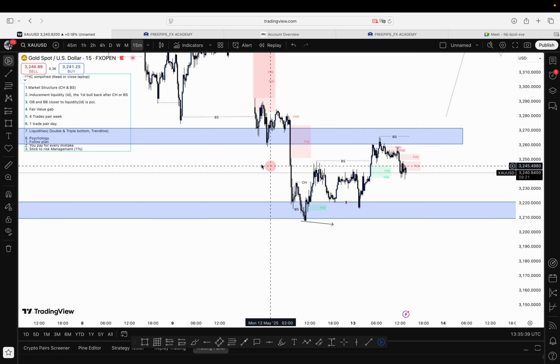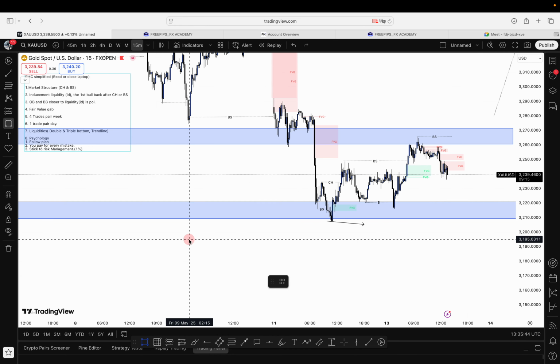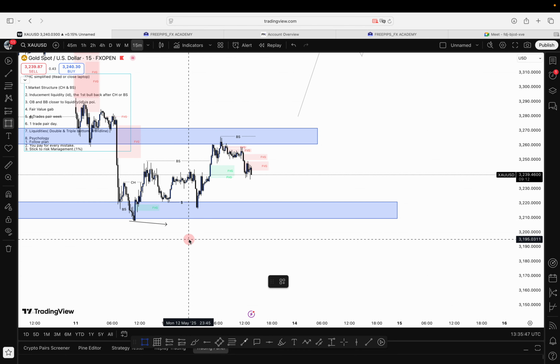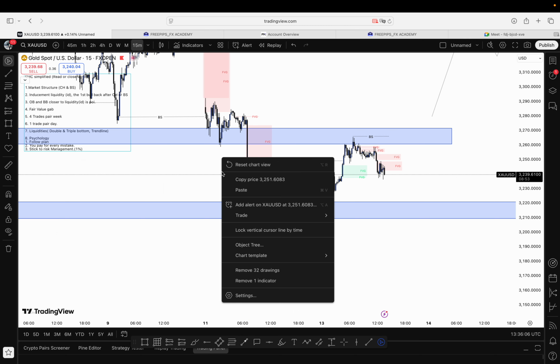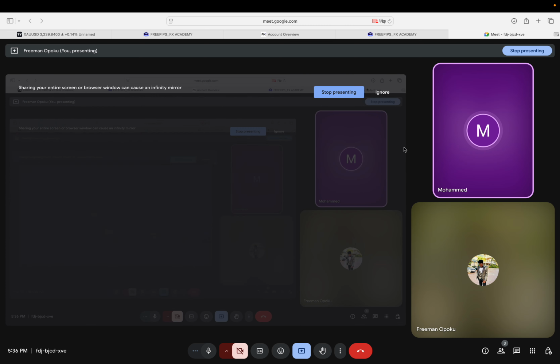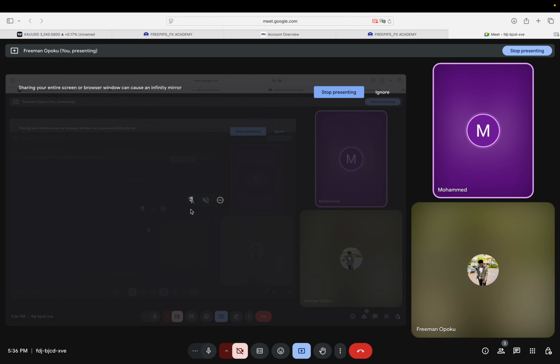You get it? Let me write it down. I'm only teaching you order block, but because of the question, I'm chipping in breaker blocks. We are not treating breaker blocks, but you can write it. Order blocks are for trend reversals. Breaker blocks are for trend continuations.